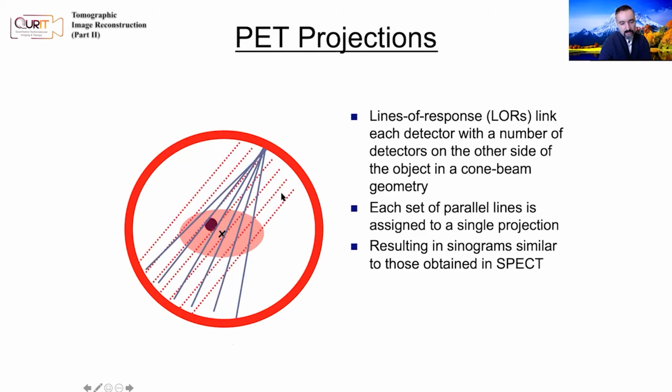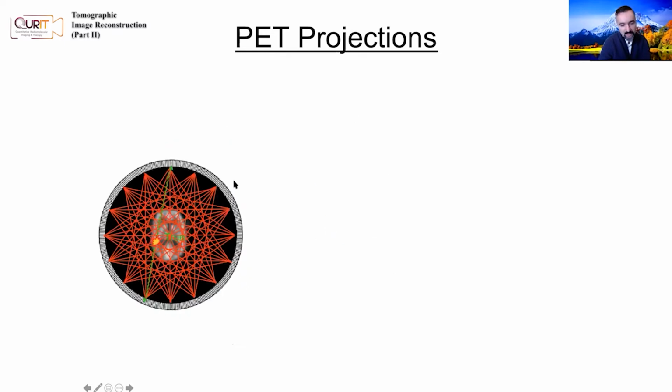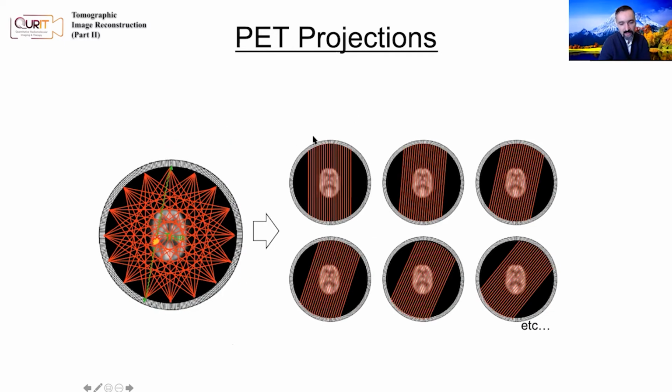So you get different parallel lines that you imagine, and you connect the dots between the different detector pairs. And so that defines your sinogram. So again, just thinking of a number of detectors here, here's one angle, here's a projection along another angle, a projection at another angle. So you think of it that way.